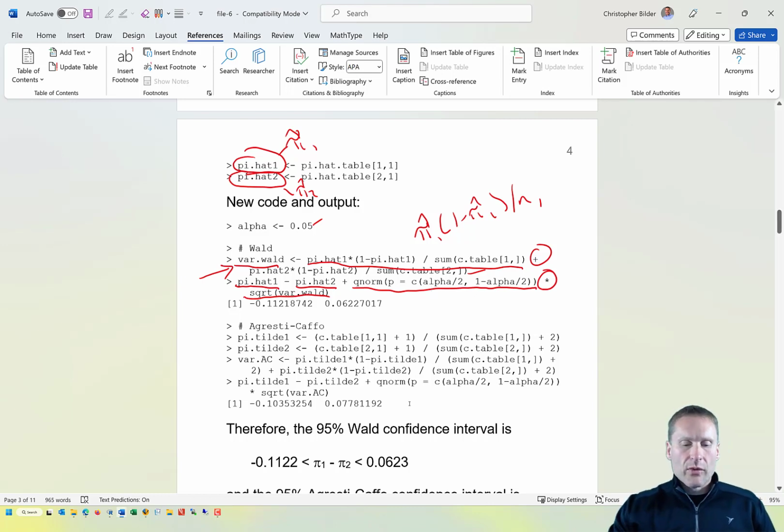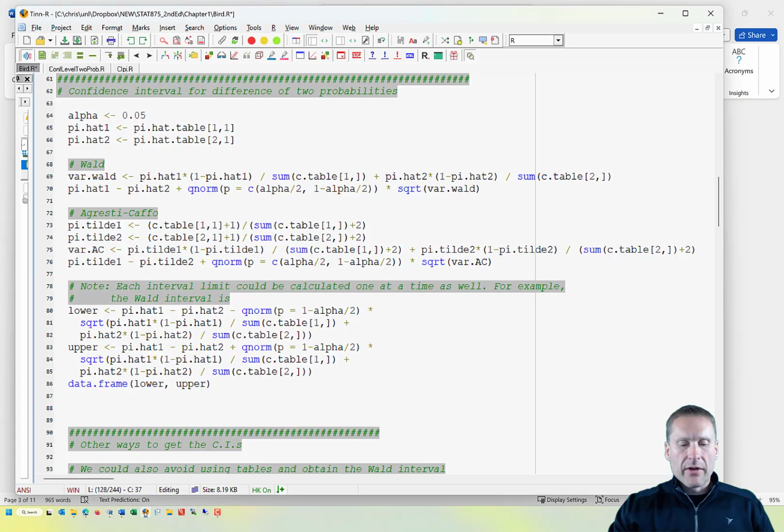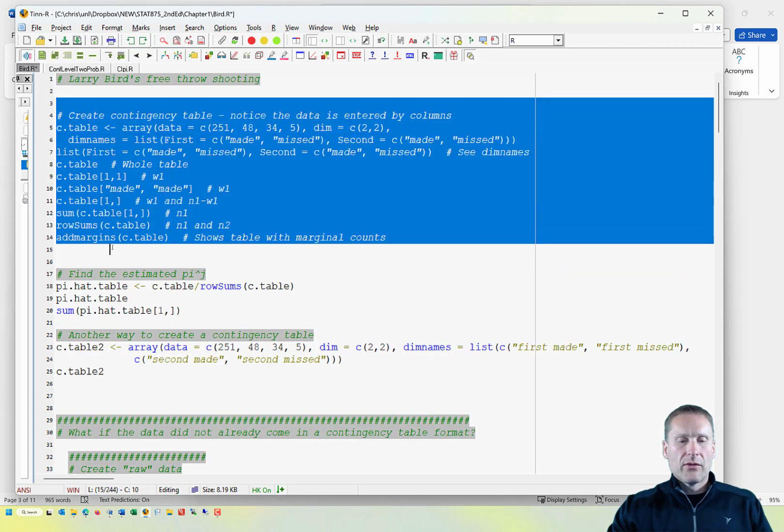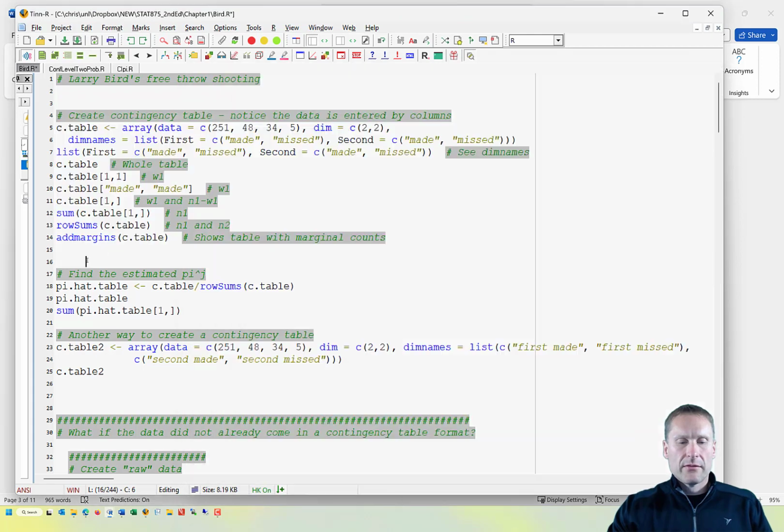And just as a little bit of a reminder, let me come back over here to R now. Again, you can execute segments of this code to help you understand what's going on. So if I look at that pi.hat1 times 1 minus pi.hat1 divided by the sum of C.table, the first row, oops, let me actually redo some stuff up here first, excuse me.